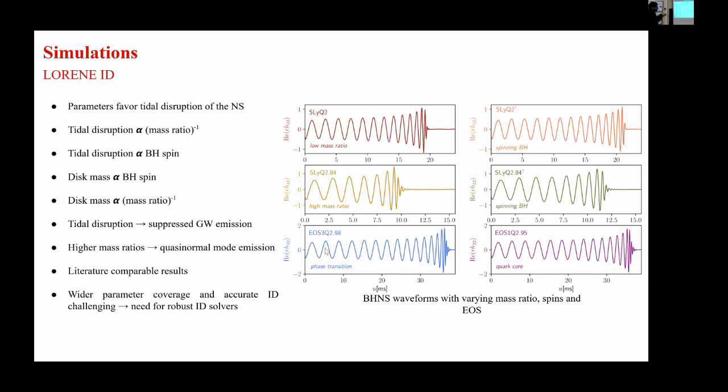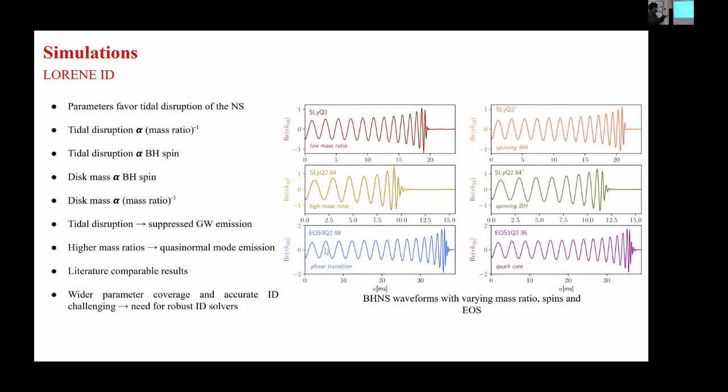And then we also wanted to explore and see if we can find any insights into phase transition in the quark core. And so for that, we evolved higher mass neutron stars, which admit phase transition in the quark core.